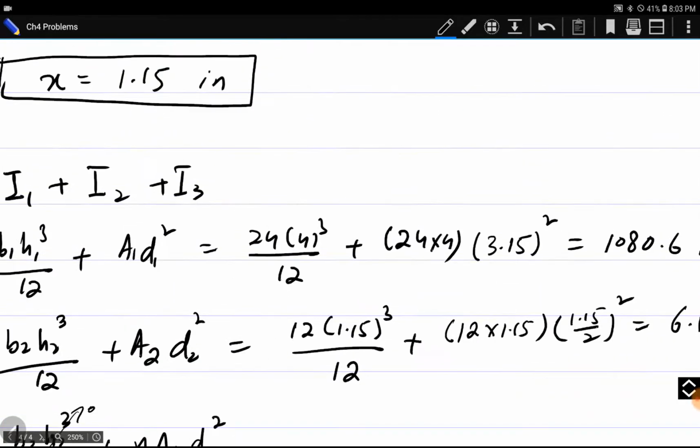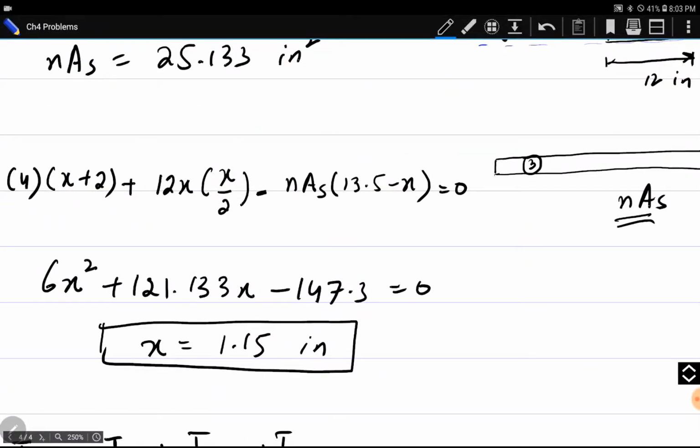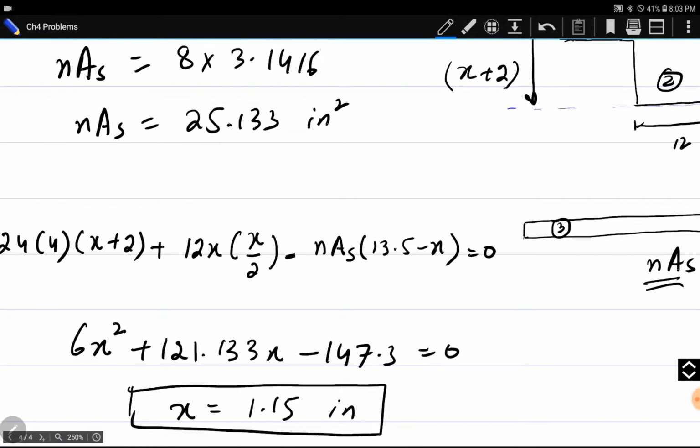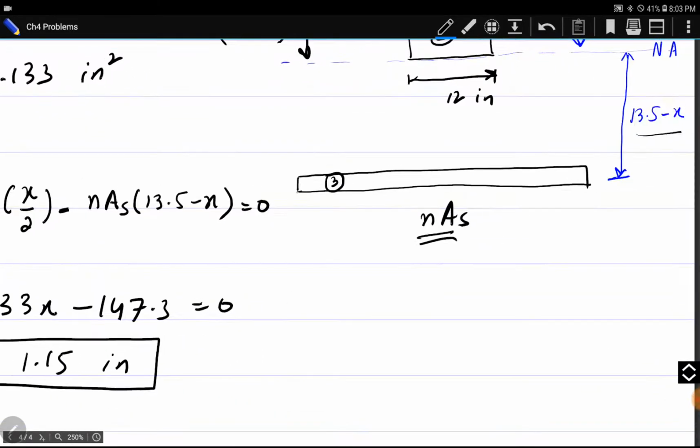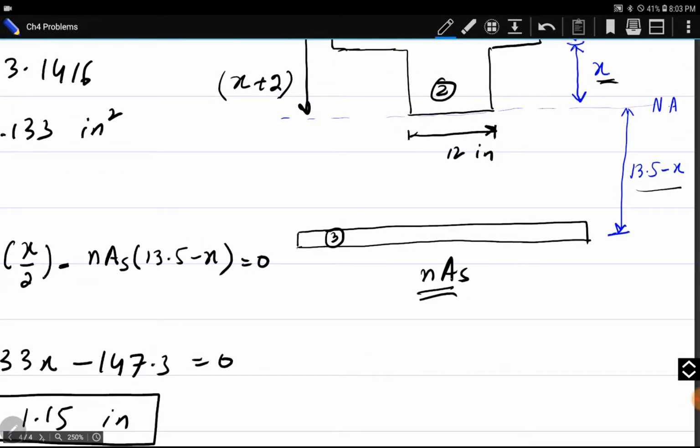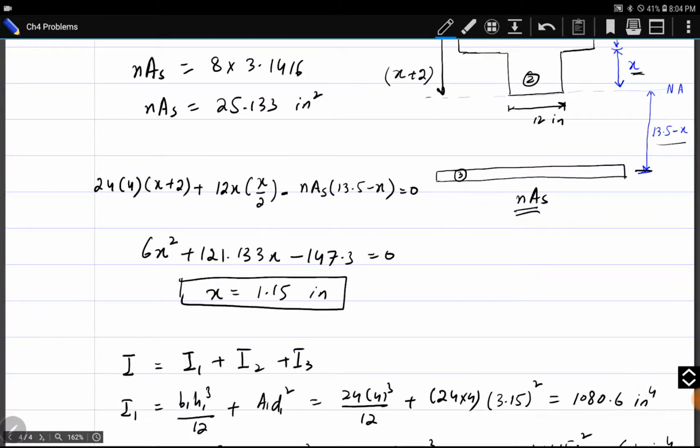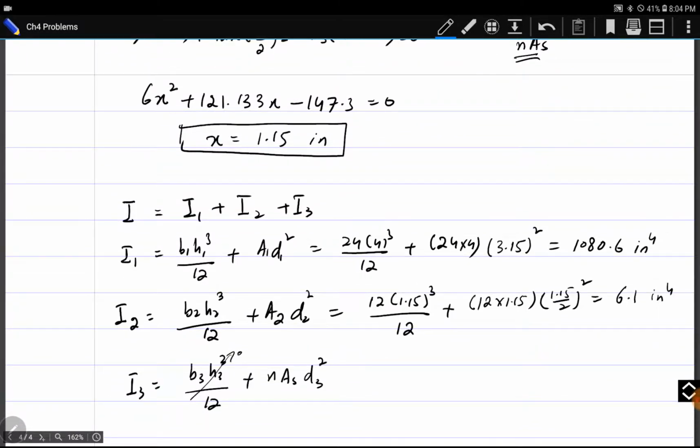NAS is known to us. It is 25.133, and D3 is the distance of the centroid of the transformed steel area from the neutral axis, which is 13.5 minus x, 13.5 minus 1.15.